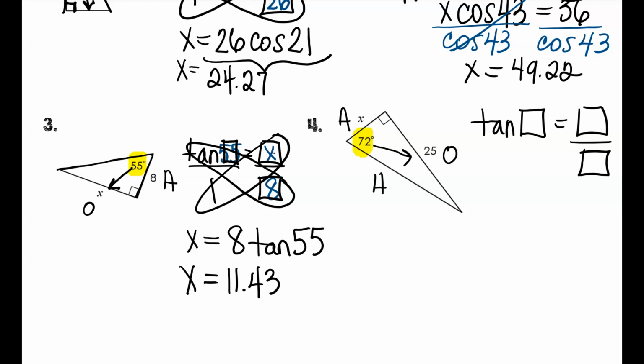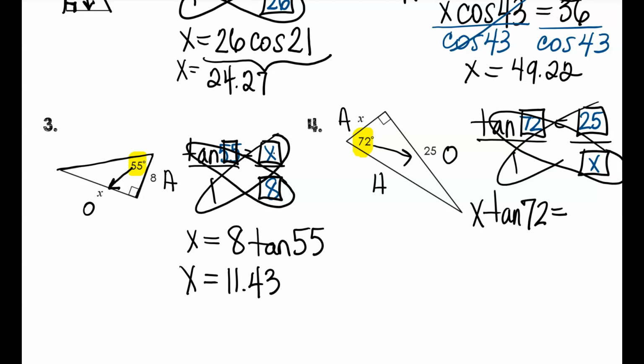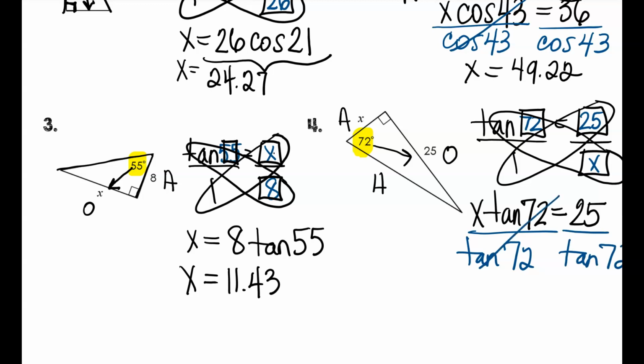There's no mention of the hypotenuse here. So inside the first box, 72. Opposite is 25, adjacent is x. X is in the denominator, so we're going to have to divide. We rewrite this as x tangent of 72 is equal to 25 times 1, which is 25. We need to divide by the tangent of 72 to get x alone.